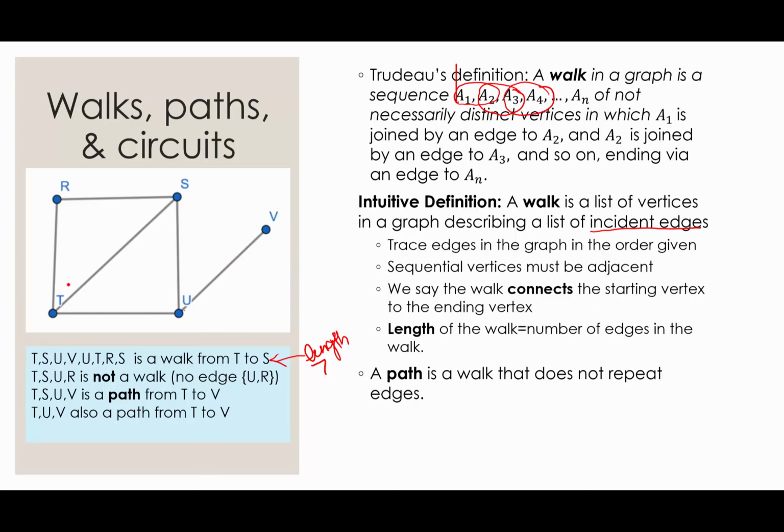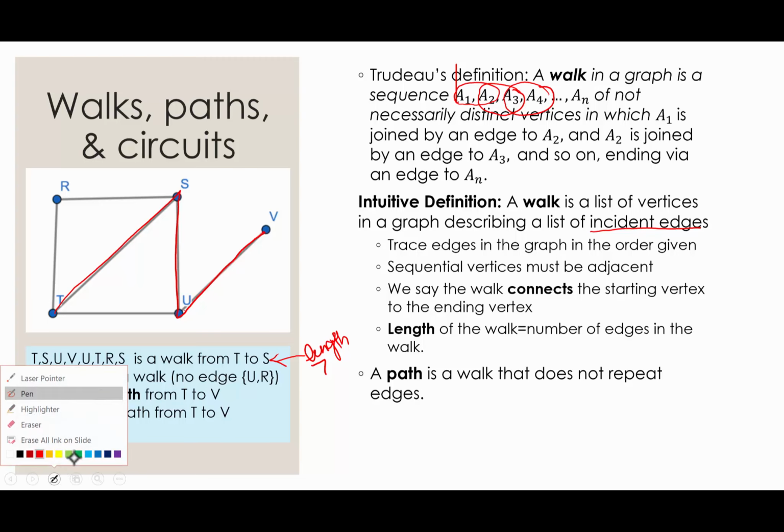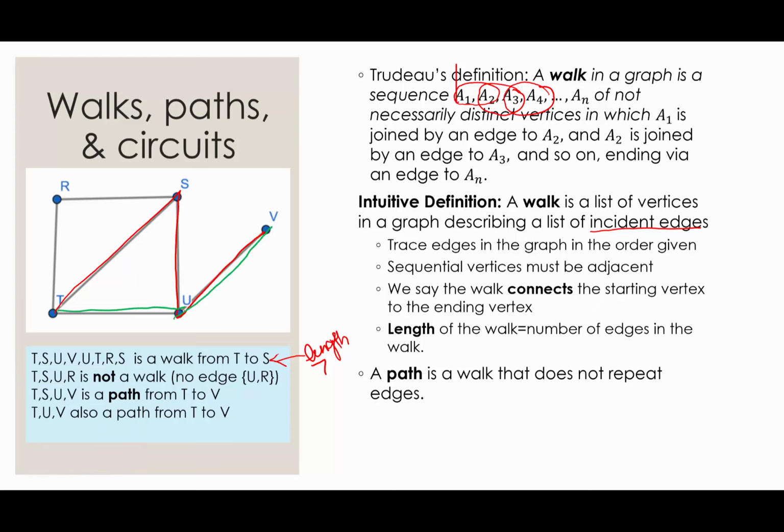And so a path, TSUV, is a path from T to V, but that's not the only way to travel from T to V. I also could have traveled from T to U straight to V. So both of those would be paths. They don't repeat any edges. And the first one has length 3 because there are 3 edges, and the second one had length 2.